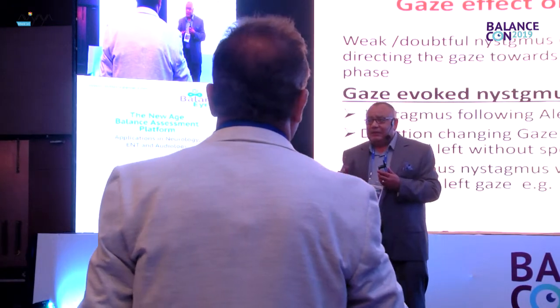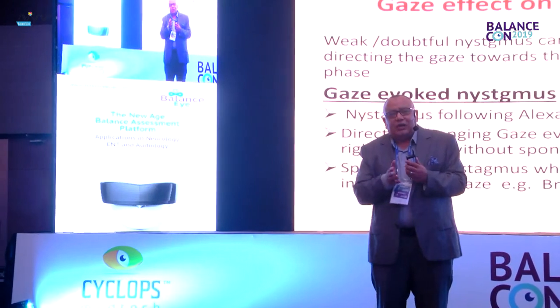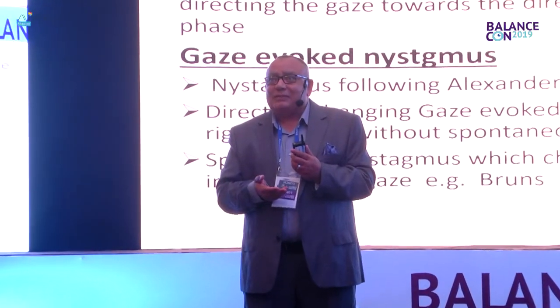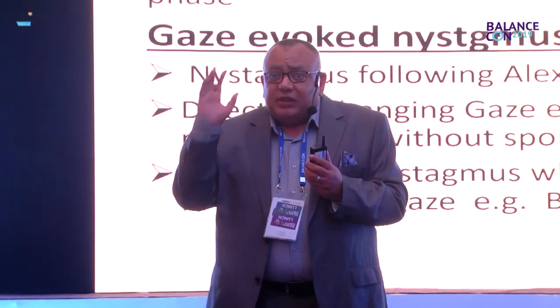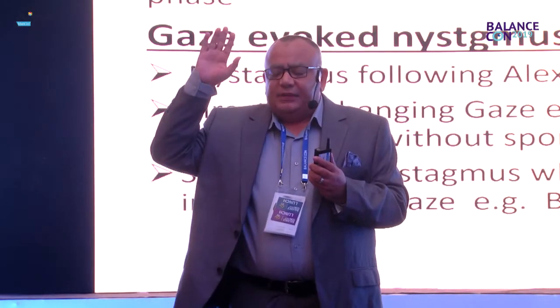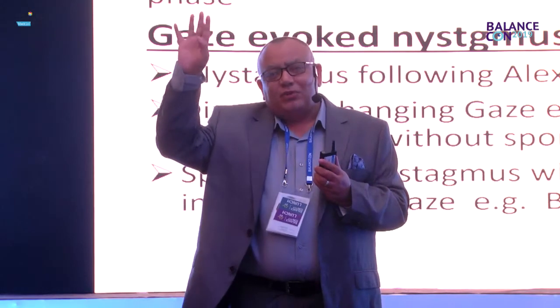That's correct, but let me add something. Spontaneous nystagmus is a nystagmus you see in the neutral position. Okay, but still you can have a spontaneous nystagmus which is not in the neutral position with the central gaze. Spontaneous nystagmus is called for any nystagmus where you see the same nystagmus with the same direction in more than 5 positions.